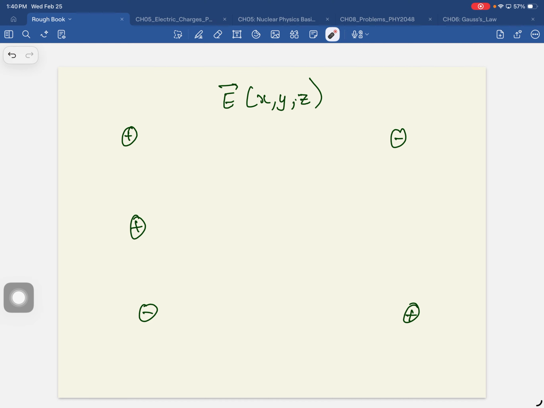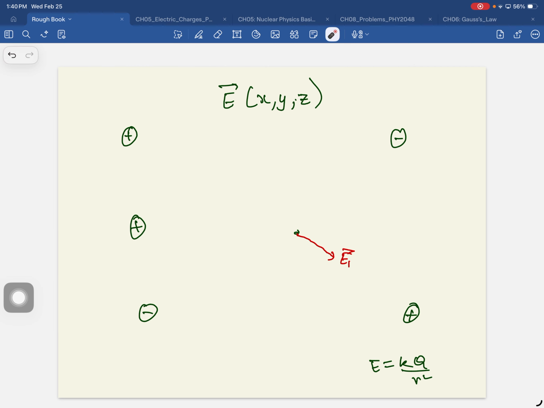All right, let's see how we'll calculate this. Let's say we want to calculate the electric field at this point. The electric field due to this guy, by the way, from a point charge, the electric field is given by KQ by R squared. So the electric field due to this guy will be in this direction, E1, that vector.